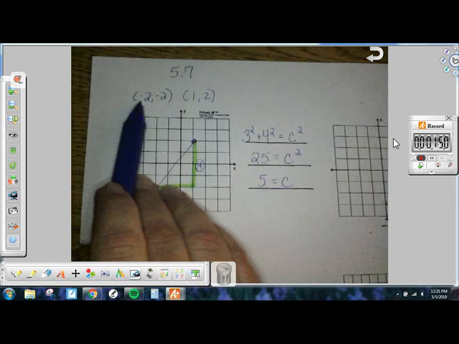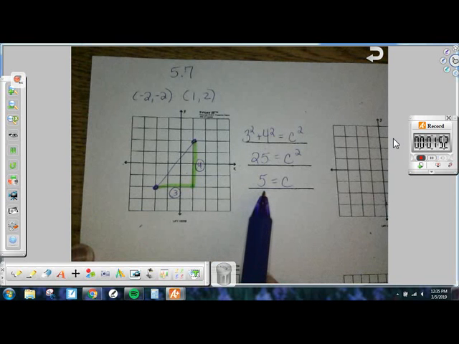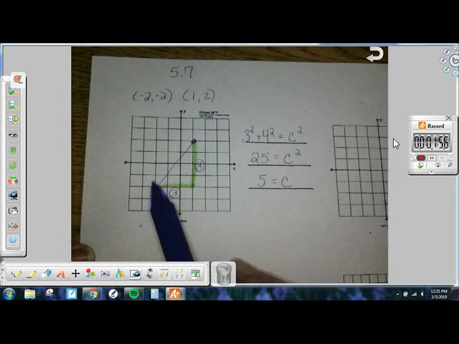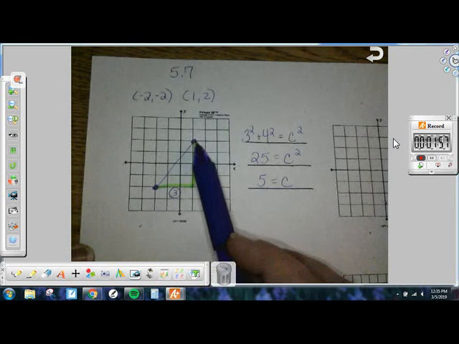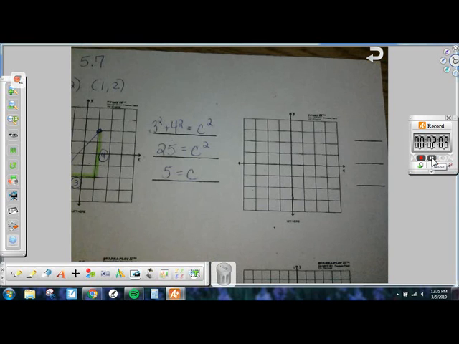Next, let's plot the points -6, 5, and -3, -2. Alright, so here I am. 1, 2, 3, 4, 5, 6, and up 5. 1, 2, 3, 4, 5. Second point, 1, 2, 3, down 2. Connect my points, create my right triangle, and I have one leg here and one leg here.